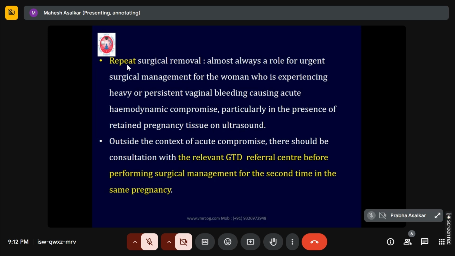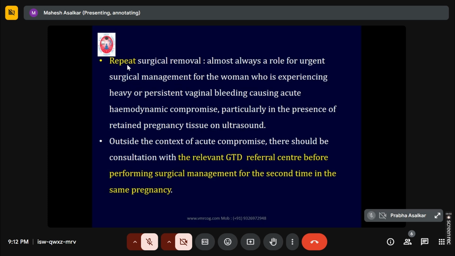If there is ultrasound evidence of retained POCs along with heavy or persistent vaginal bleeding which is causing acute hemodynamic compromise. Remember, these sentences are important because it is not only the presence of retained pregnancy tissue on ultrasound, but associated heavy or persistent vaginal bleeding causing acute hemodynamic compromise that is an indication for repeat surgical removal.